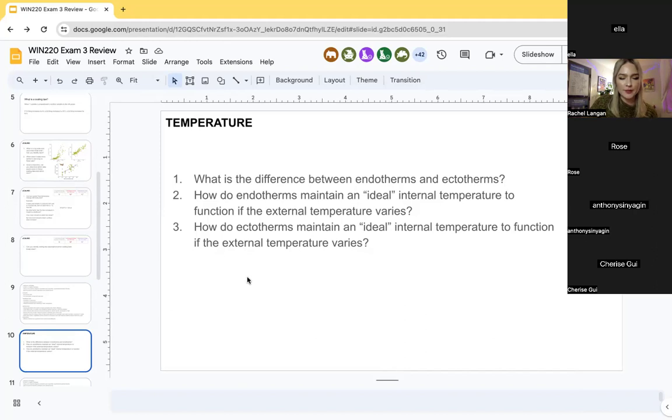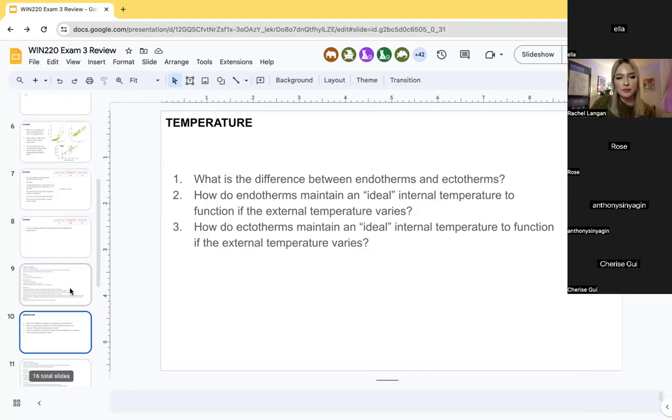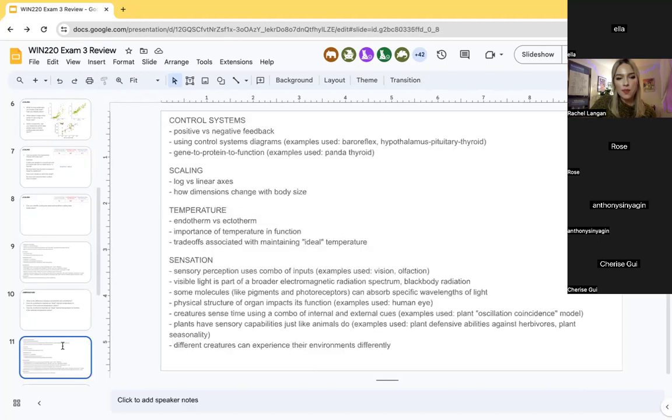Questions on temperature? Is this the same concept as tolerance range and performance embedded in that graph, or do we need to know that graph for this part? The ectotherm versus endotherm, like the endotherms have a larger tolerance range and a wider performance breadth, things like that. Do we need to know that or no?